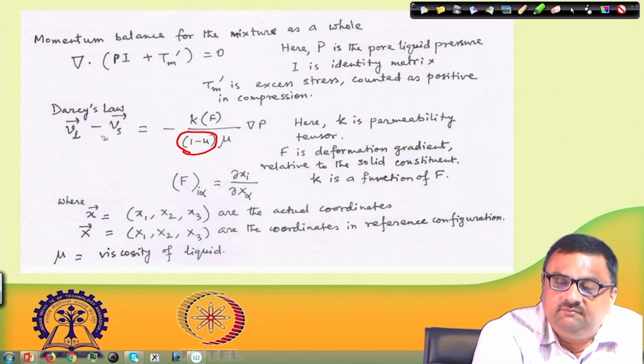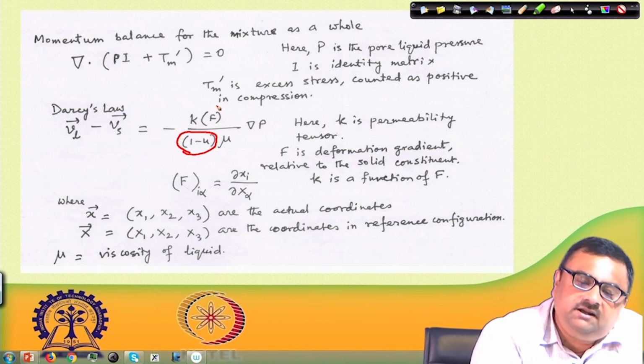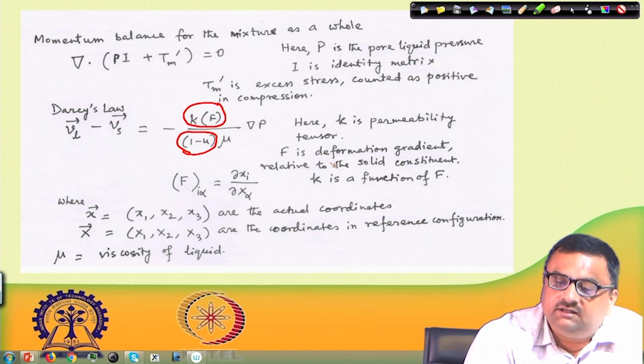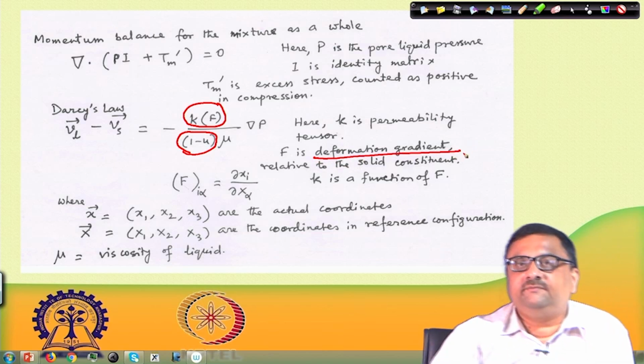So, that is why VL minus Vs is written as this quantity, and this permeability K here is a function of F. It is not K multiplied by F, but K as a function of F, where F is the deformation gradient.